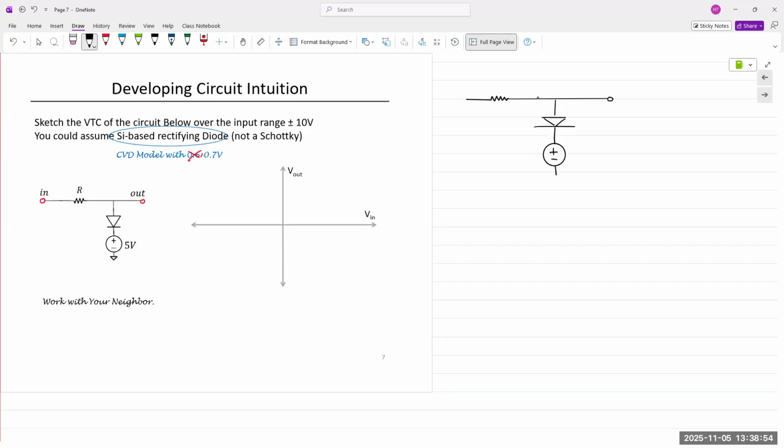Five volts, plus minus V out and plus minus V in. So this time V in is coming from the left, and we have a constant voltage source of 5 volts here.